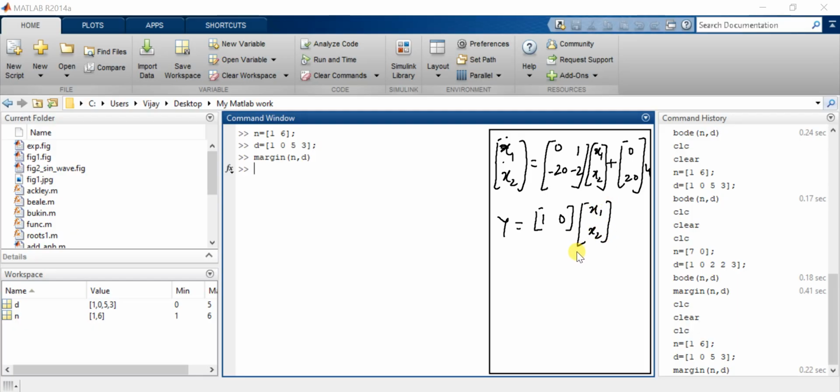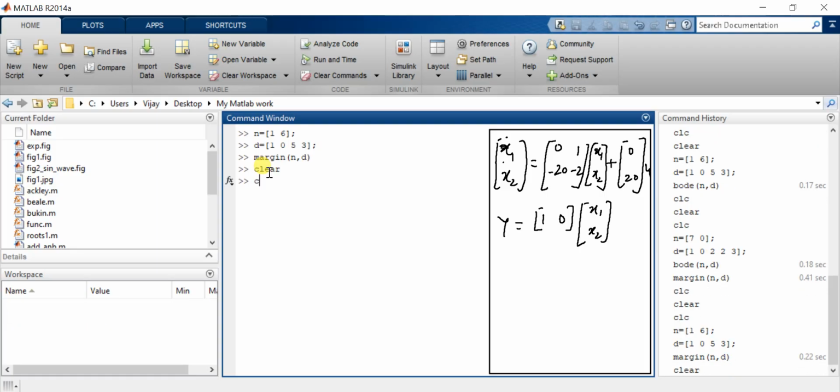So this is very simple, and you can simply code it. Just let's try to code it. So matrix A can be written as A equal to, let's clear first and then clc.